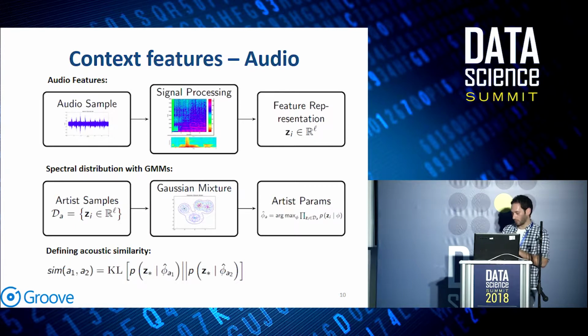And then when we try to measure the similarity between two different artists, we can simply compute the Kullback-Leibler divergence as a measure of similarity between the distribution of samples along the Gaussian mixture of one artist compared to the other. So this gives us a measure of the similarity of the acoustics of songs from artist A to artist B.